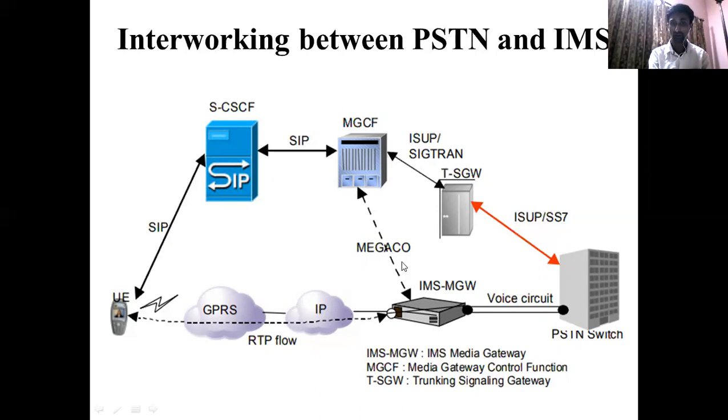This is the main concept behind our system, which is known as trunking signaling gateway. Now, after that, the MGCF creates a context in the IMS MGW using the Megaco H248 protocol.